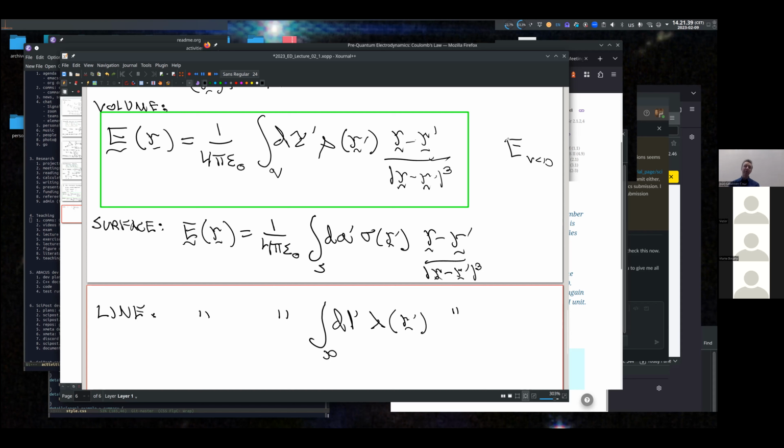Okay, so E volume charge distribution, E surface charge distribution, and then E line charge distribution. Okay, you'll find those in the notes. Okay, good moment for a little break, unless there are questions about this. So I am assuming that you have used those recognizable notations in the past. Okay.